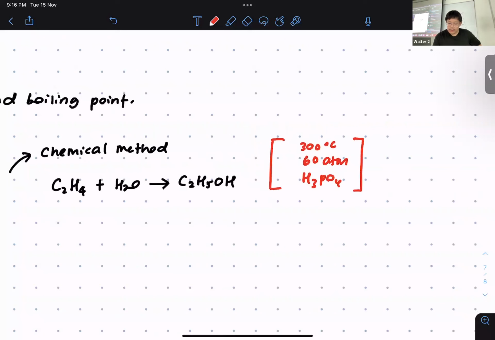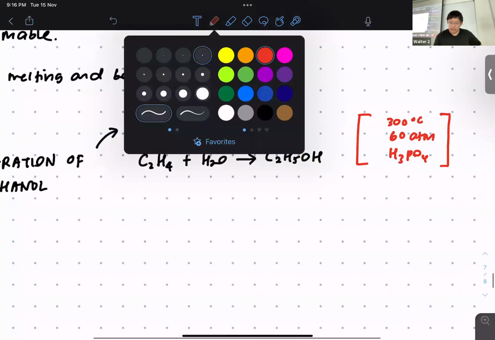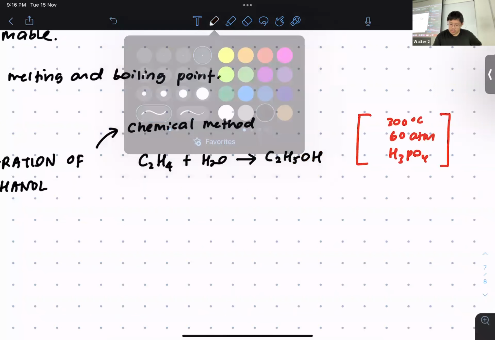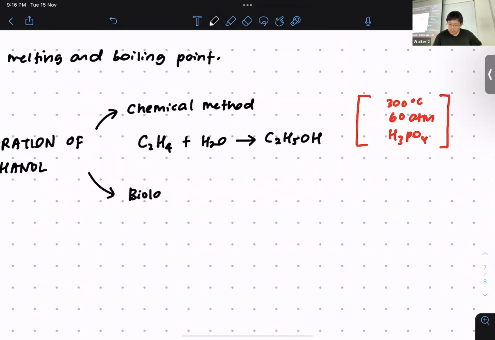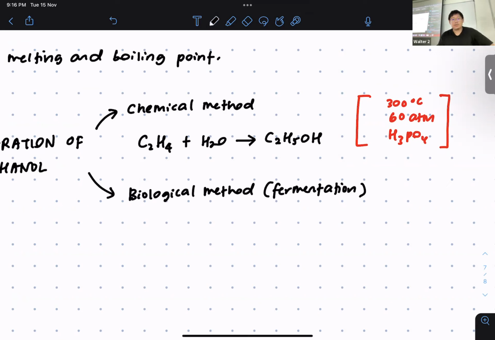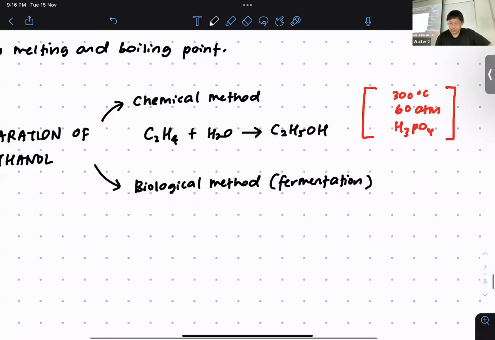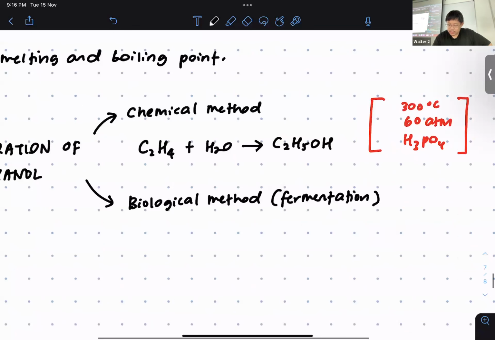And then we have another method, which is called the biological method, known as fermentation. So fermentation is preferred because it is cheaper compared to making ethanol in the chemical method. Okay, so this one is hydration.